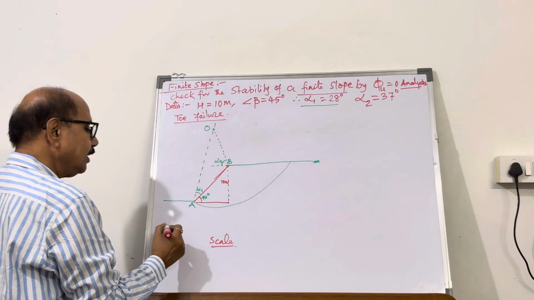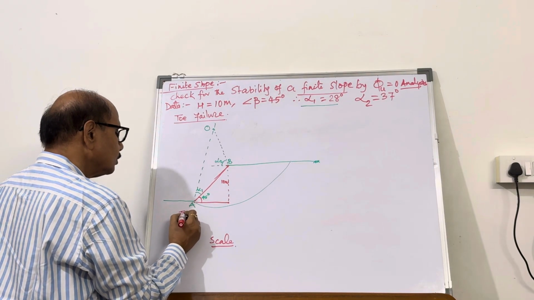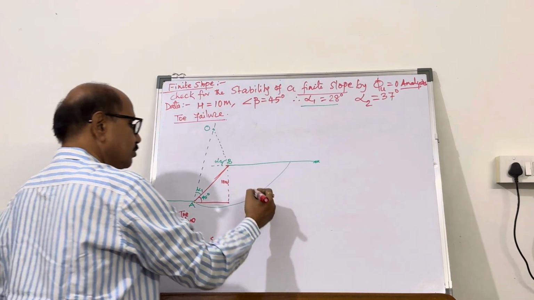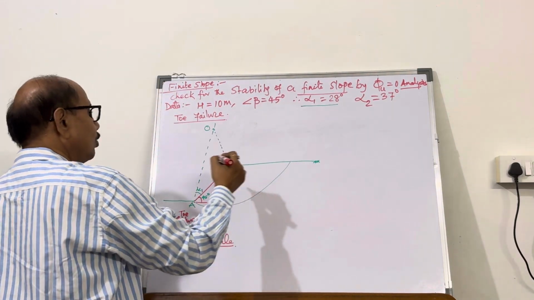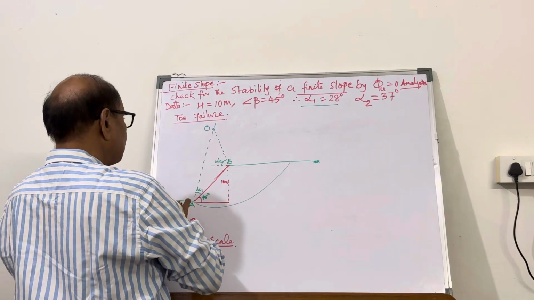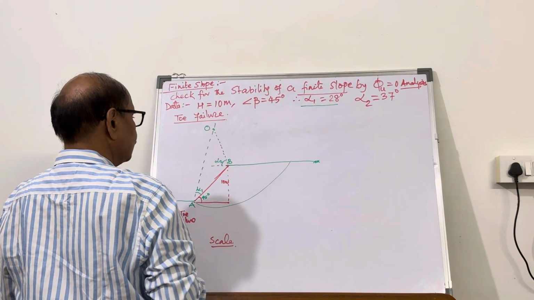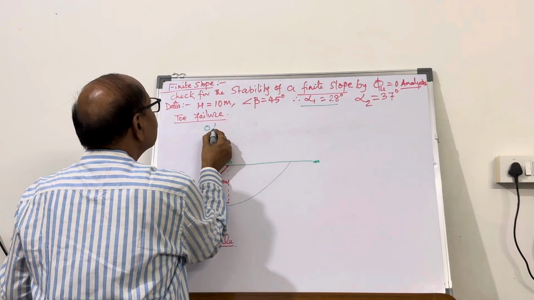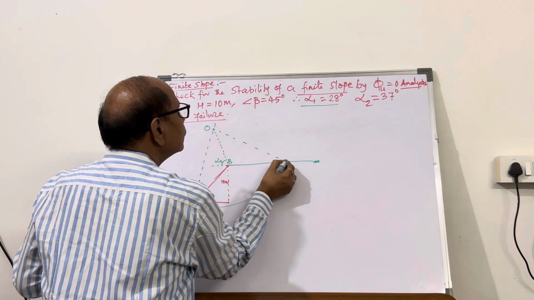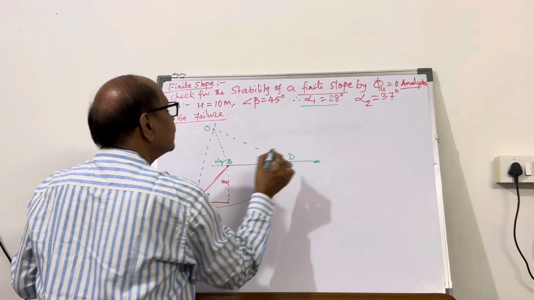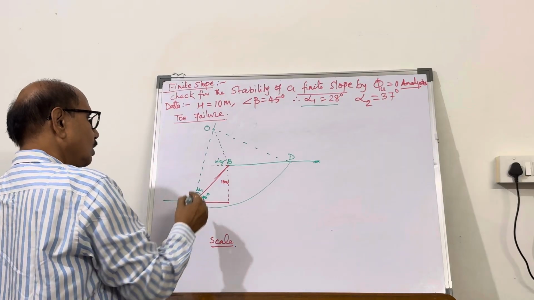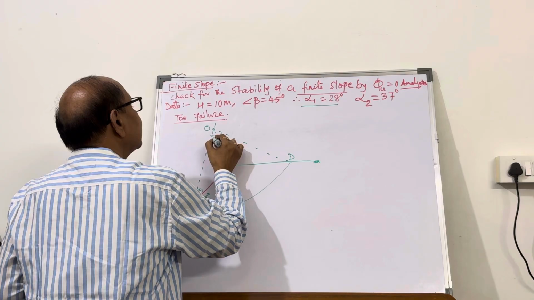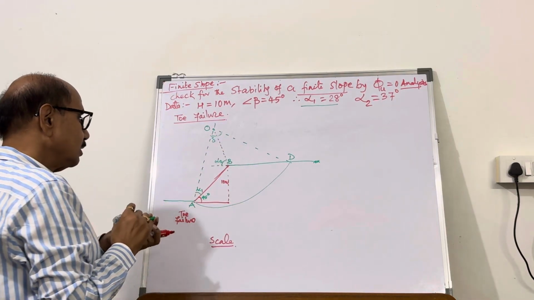So it is going to be a toe failure, and this is the slip circle. Now, having got the slip circle, join from here up to here, AB, let's call this point as D, and measure this angle. This angle is called the central angle delta.